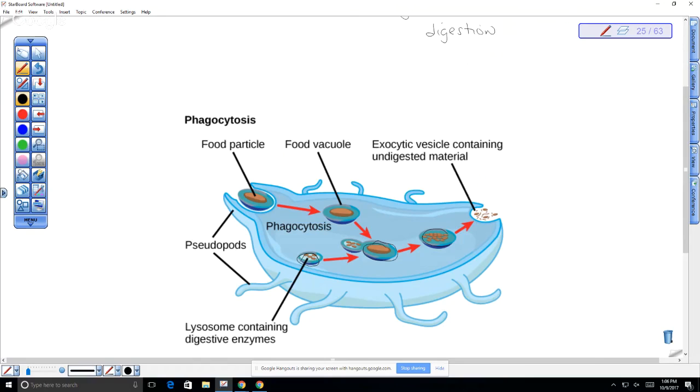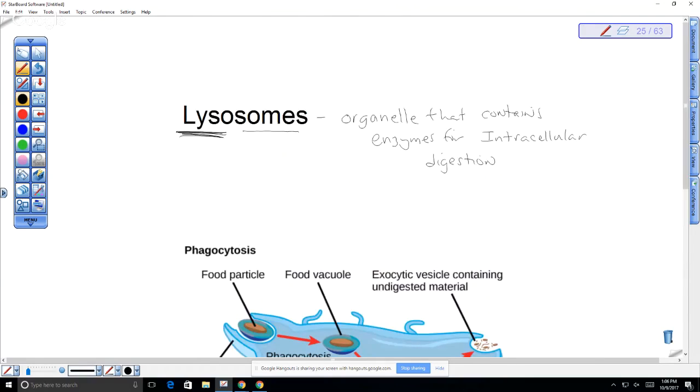So one example of this is phagocytosis and white blood cells. Unlike red blood cells, white blood cells have an immune function. They can scout the body looking for foreign cells, perhaps like bacteria.